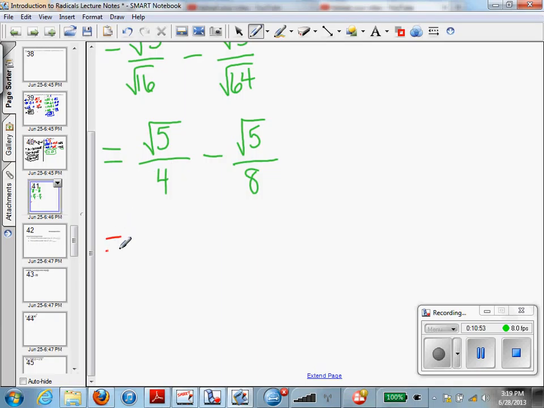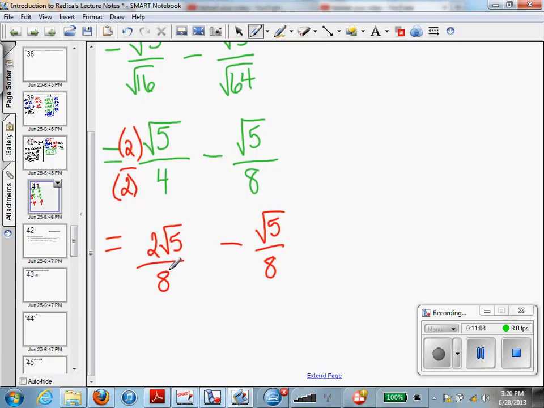You can leave the second term as it is, but multiply the first by 1 in the form of 2 over 2, and you're going to get 2 radical 5 over 8.